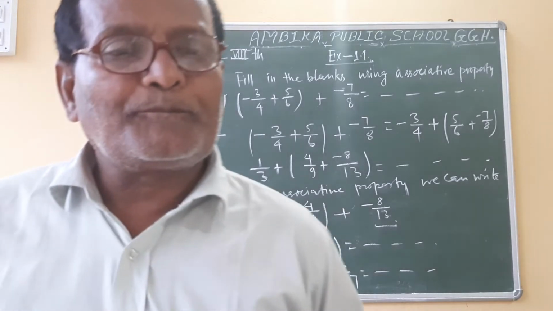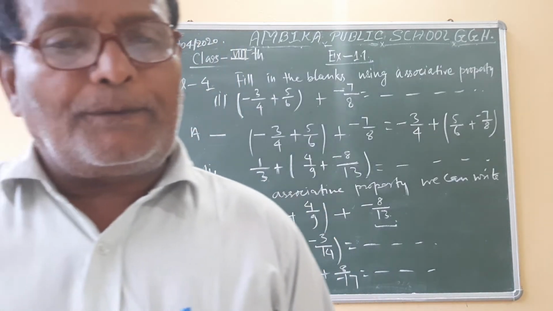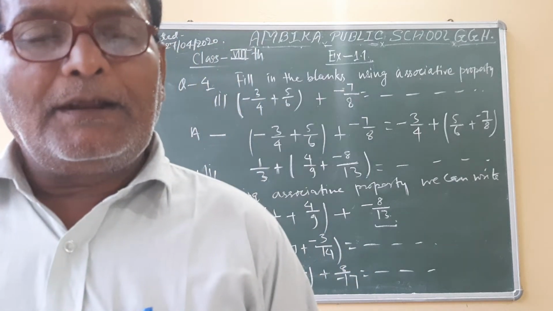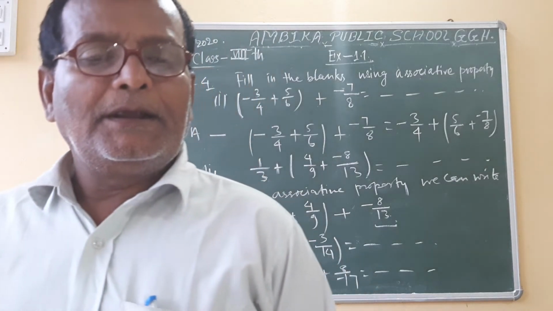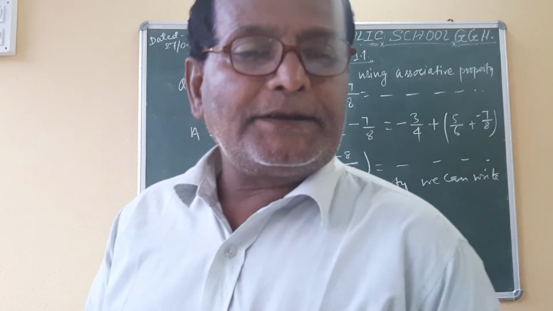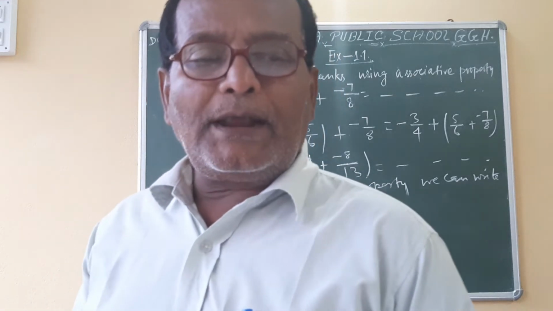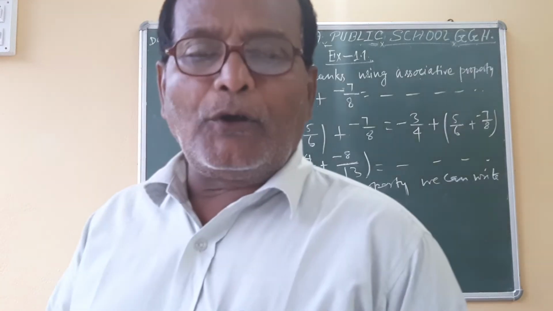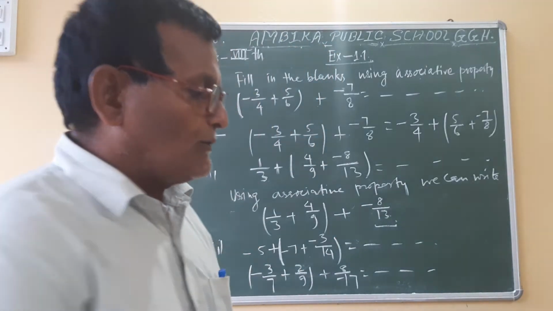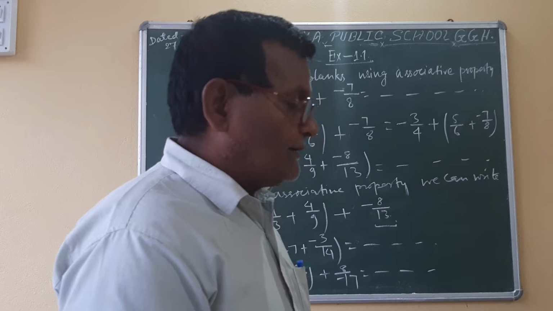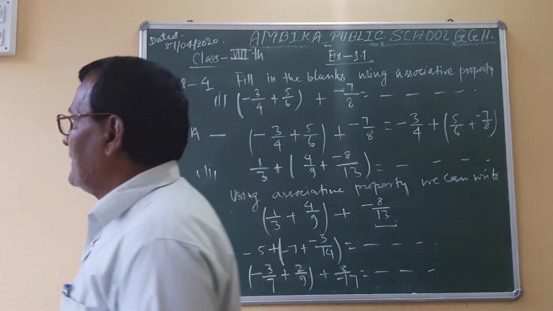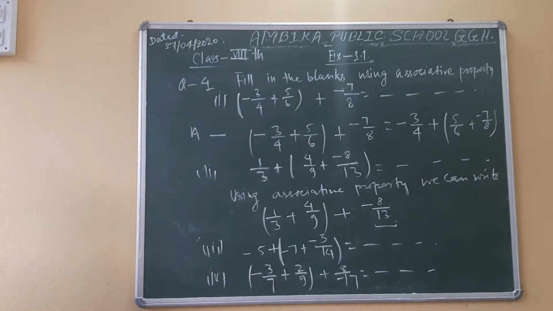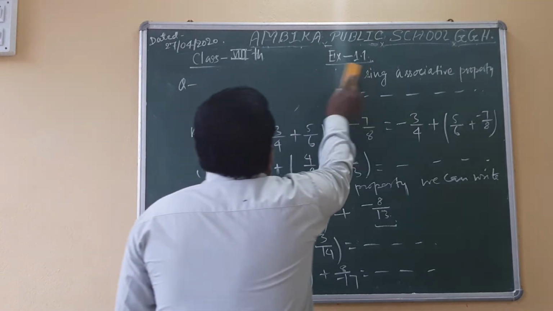Next question: which property of rational numbers is illustrated by the following statements? In this question, you have to write only the name of the property. I am going to describe question number 5.